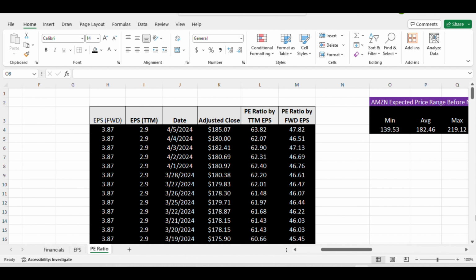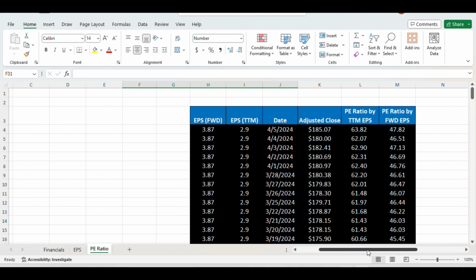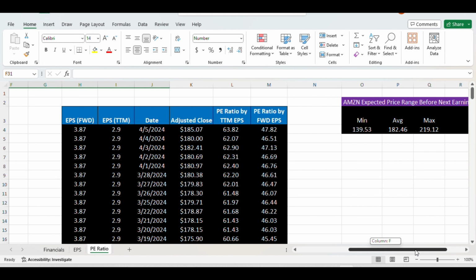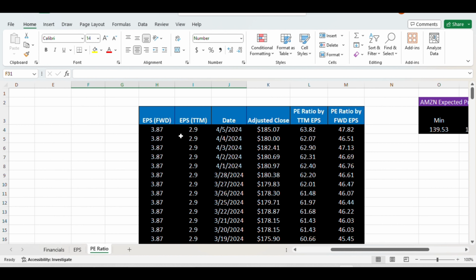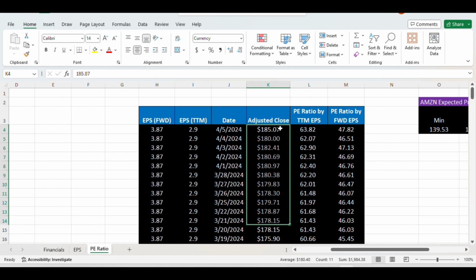Now, let's get started. In the first step, I'm going to calculate the min-max expected price range for Amazon before the next earnings. So in order to do that, I made this table. I have the EPS forward, EPS trailing 12 months, last 30 days adjusted closing price, and then I calculated the PE ratio using the EPS trailing 12 months and the PE ratio using the forward EPS.